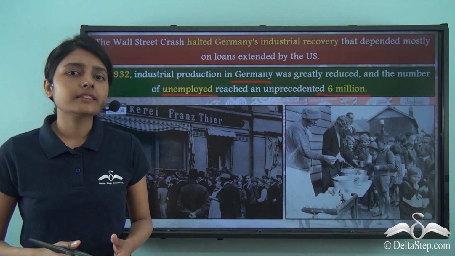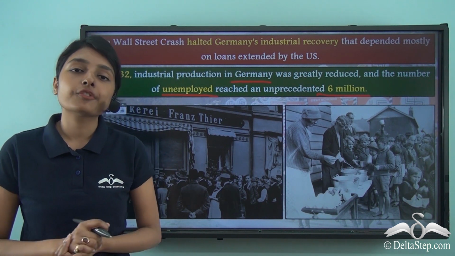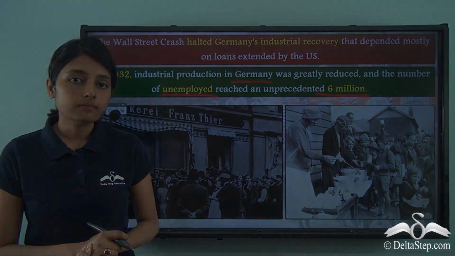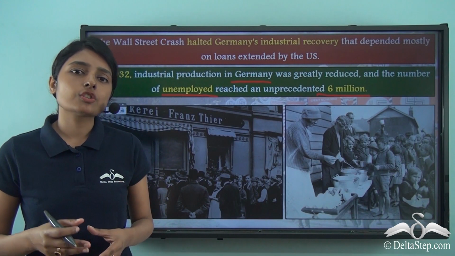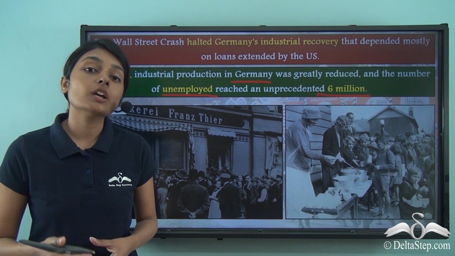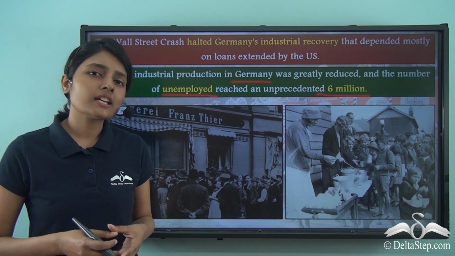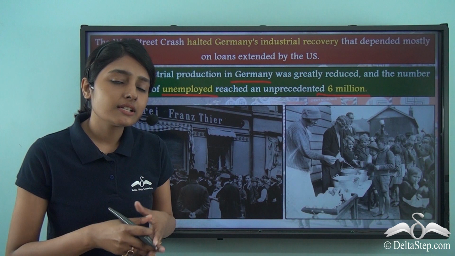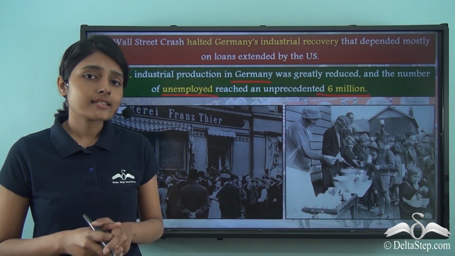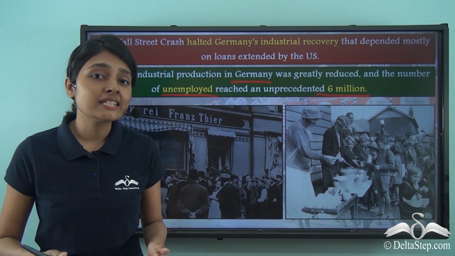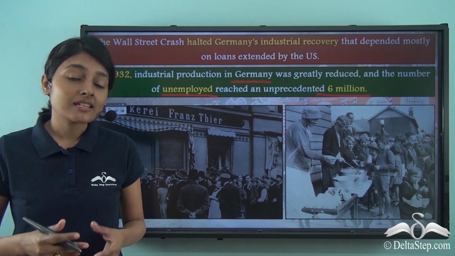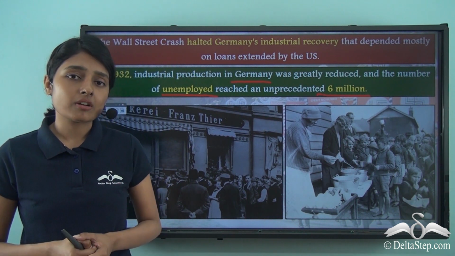Because finally there was absolutely nothing for Germany to bank upon. The US intervention also halted because of the collapse of the US economy itself. So Germany was once again plunged into absolute economic crisis, and this time Germany was not just knee deep in crisis, instead it was neck deep in crisis.